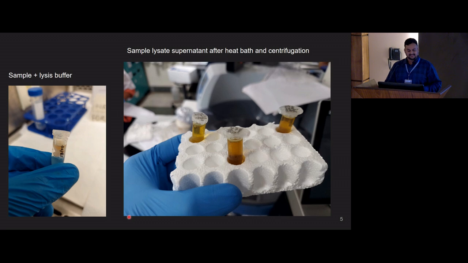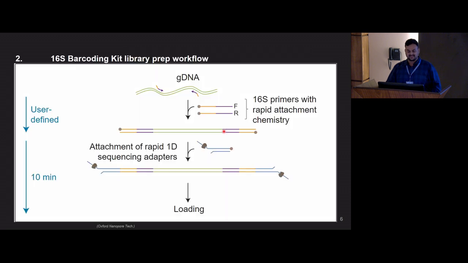And essentially, if you take the Promega method, you add the sample and the lysis buffer, you put it in the heat bath, you do a centrifuge, you get a lysate, you put the lysate in the cartridge, like they had mentioned earlier, and then you put it in the machine, and the machine does the extraction for you. Once you get this genomic DNA out, you put in your 16S primers, which are already there in your kit.